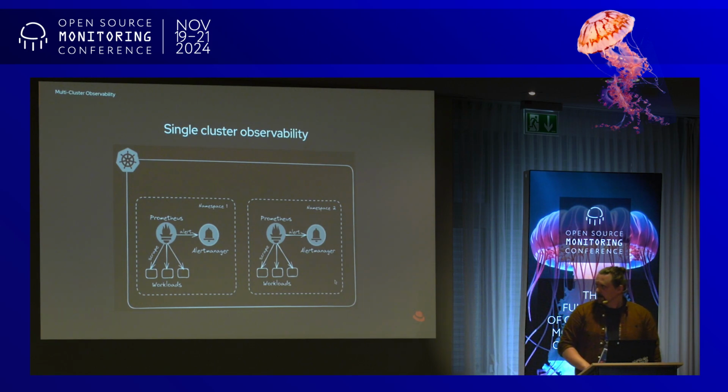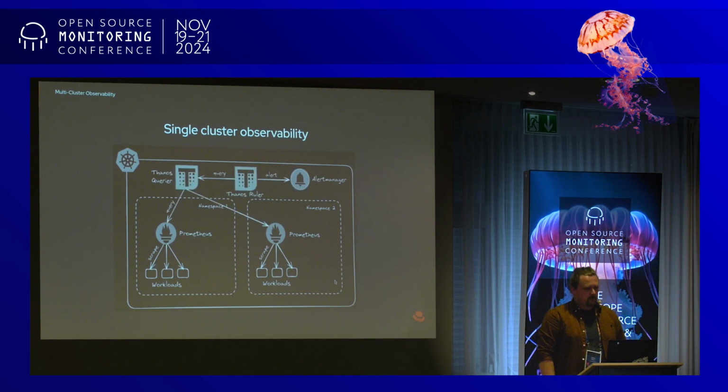But then there's usually the question, maybe I want to correlate my application metric with a platform metric. I want to query that at the same time. I cannot do that because I don't have access to the platform monitoring, for example. And this is where Thanos components come into play for us.